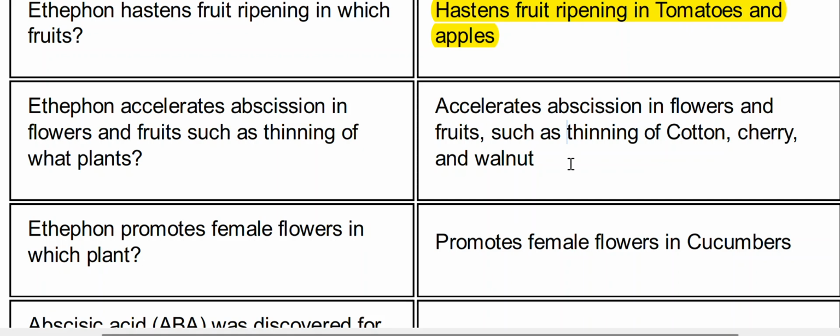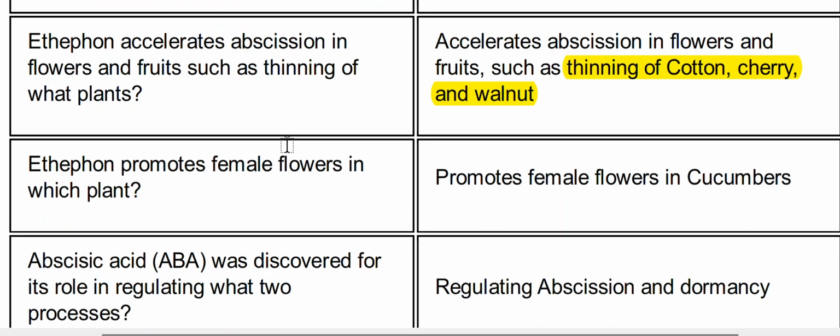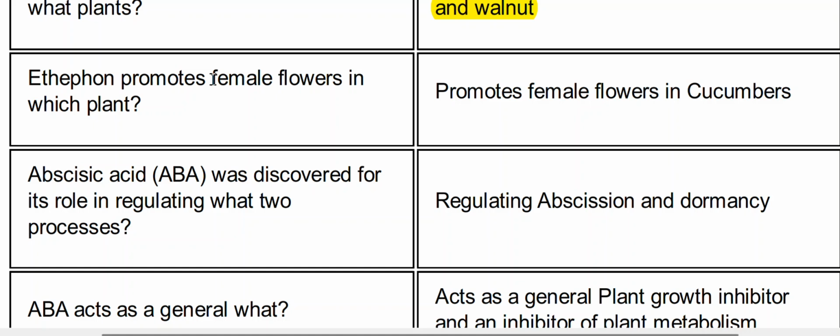Thinning of cotton, cherry and walnut, it accelerates abscission of flowers and fruits. Ethephon also promotes female flowers in cucumber.